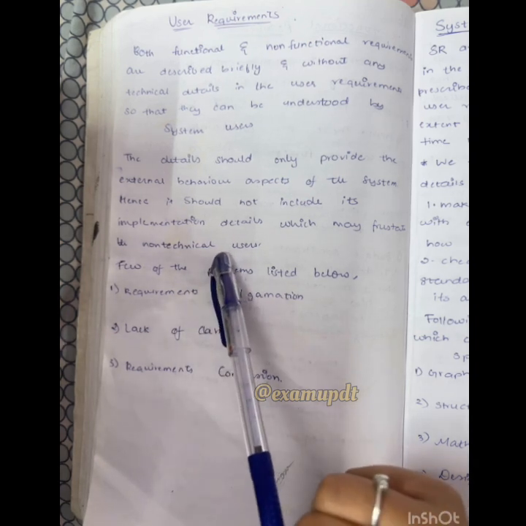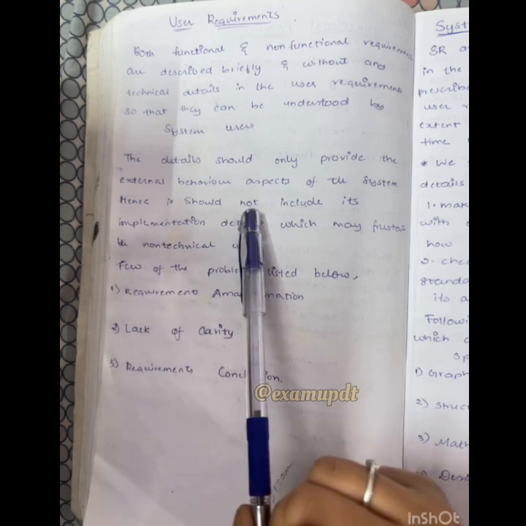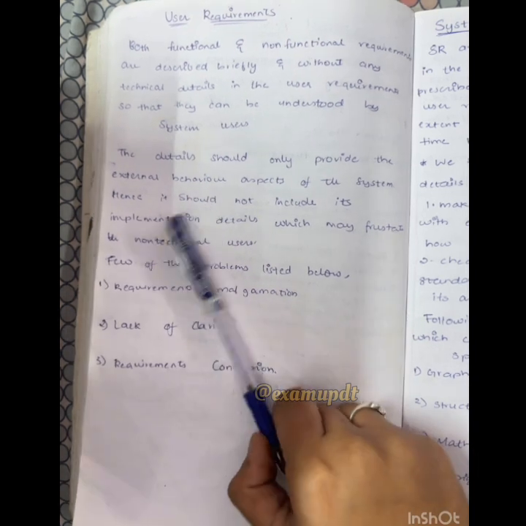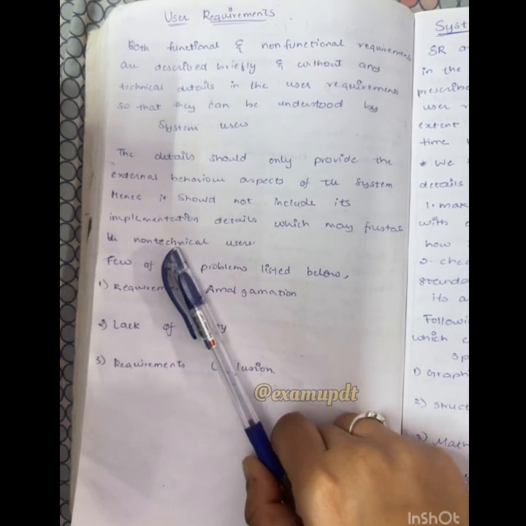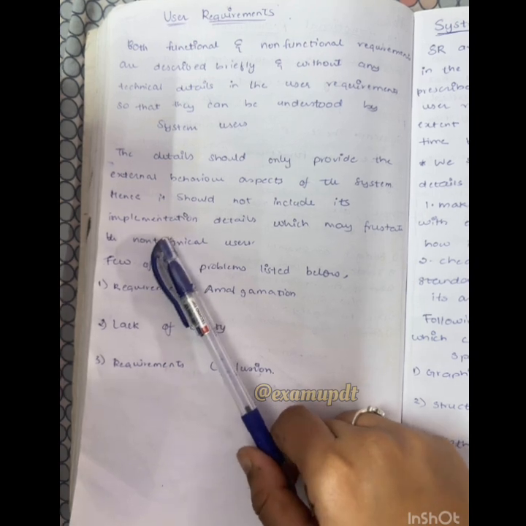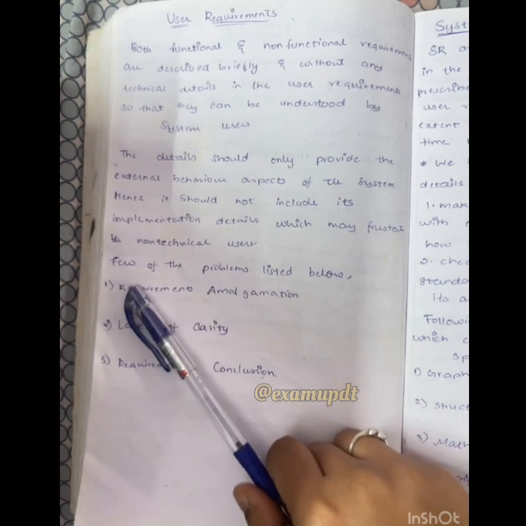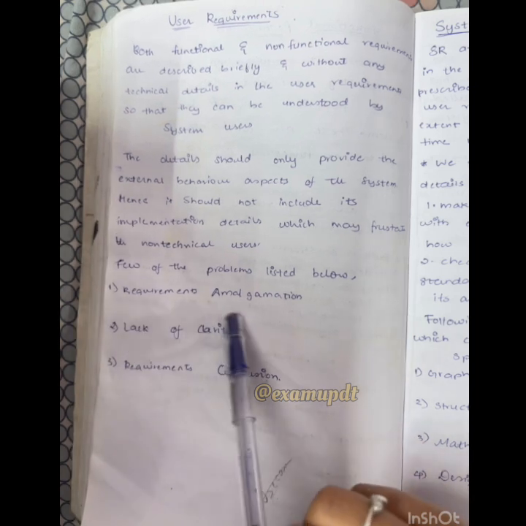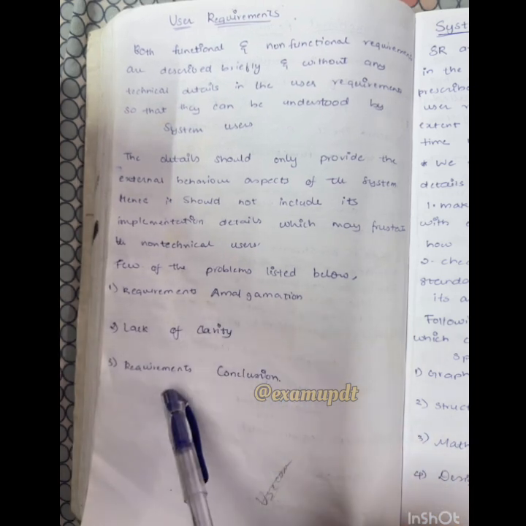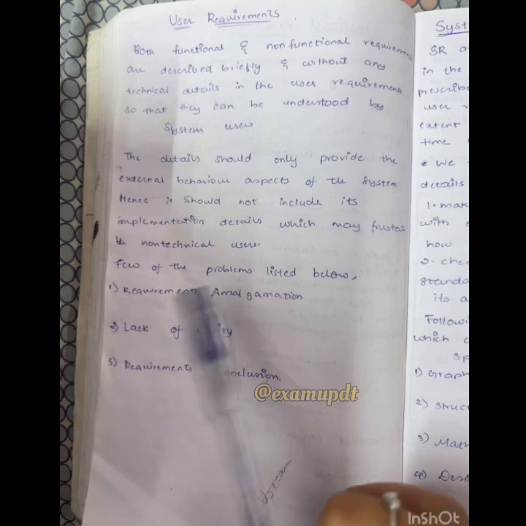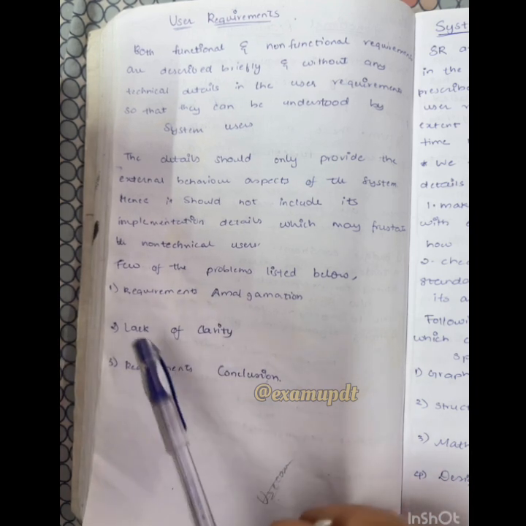So they focus on external behavior and they also avoid complex implementation details, using diagrams, forms, and tables which help to clarify. However, natural language may lead to certain problems such as requirement amalgamation, lack of clarity, and requirement confusion. Let us discuss this in detail now.